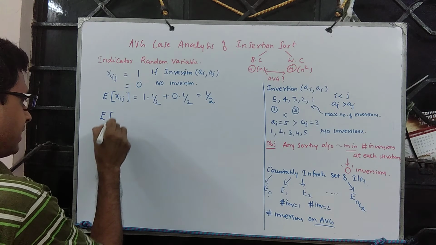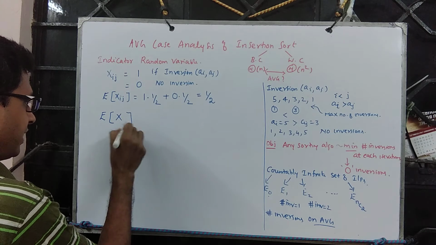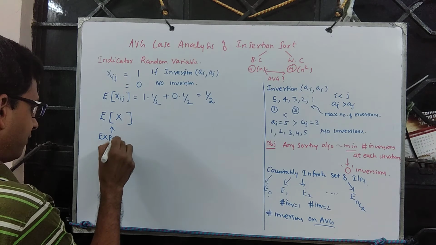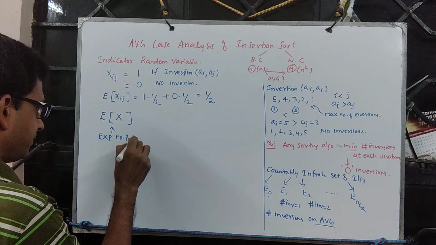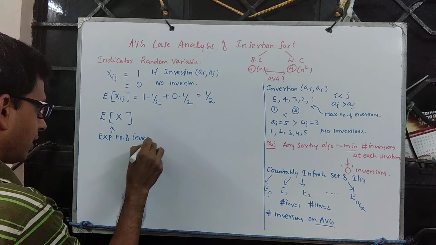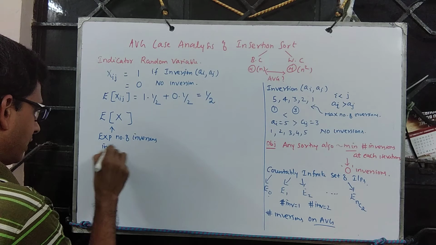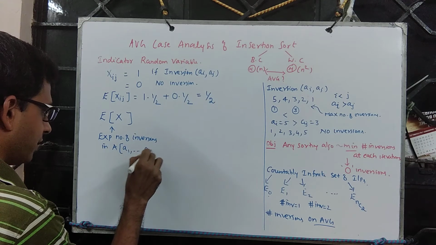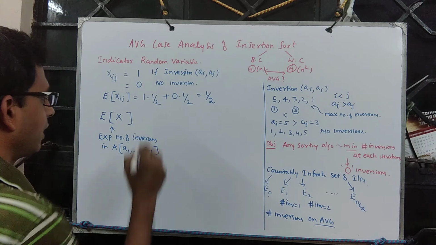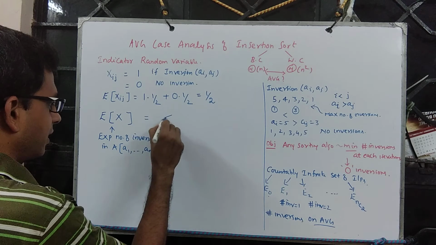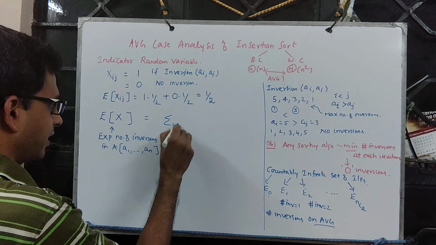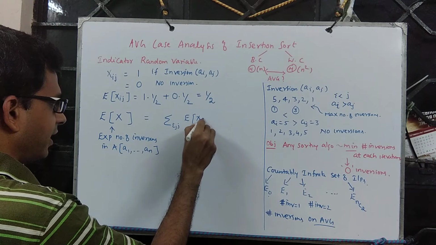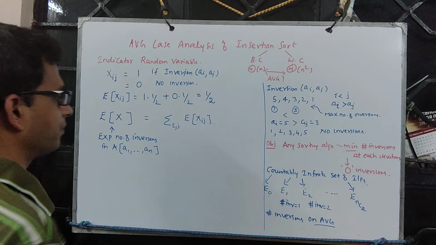How many different ij's are possible? That's given by this. This is the expected number of inversions in A of 1 to n. That's precisely it: take all possible values for ij, and for each of them take the expected value.